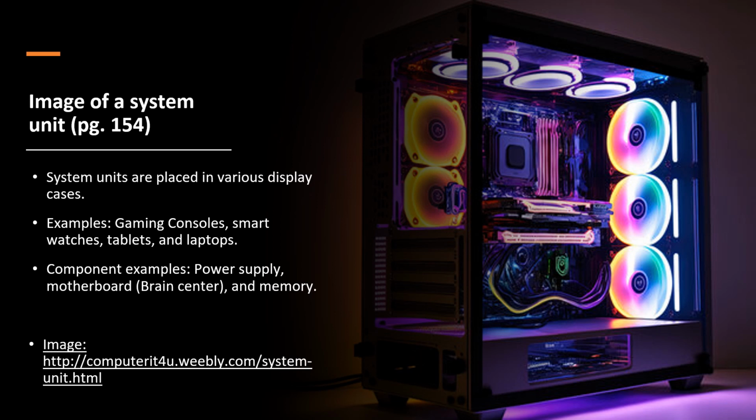Examples of a system unit are gaming consoles, smartwatches, tablets, and laptops. Some of the component examples are the power supply, the motherboard, which is the brain center, and memory, which is stored inside the system.